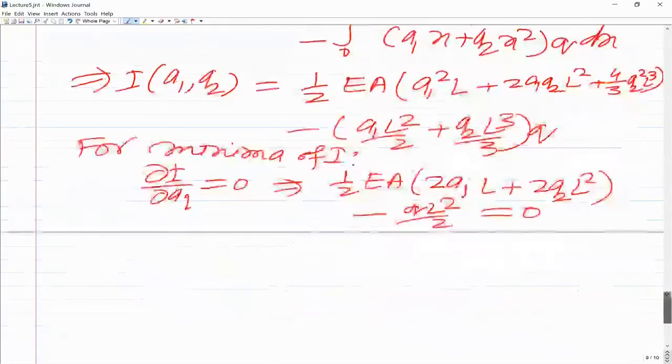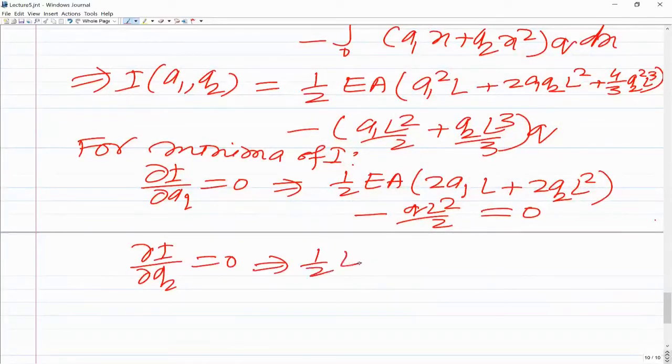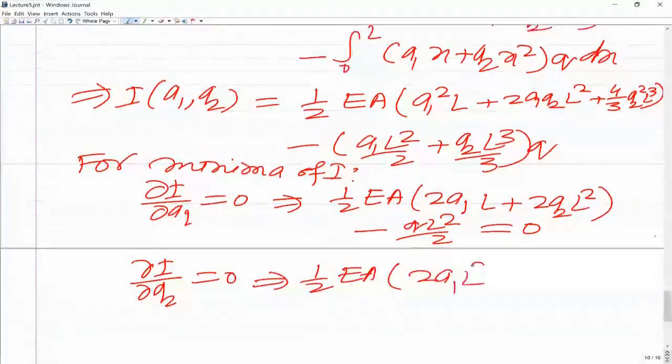Of course I am not going to solve these equations, you should solve them. And del I by del a2 similarly equal to 0 will give you half EA will be there, and then the derivative with respect to a2 will give you twice a1 L square.